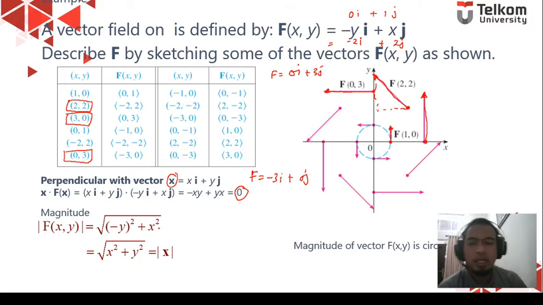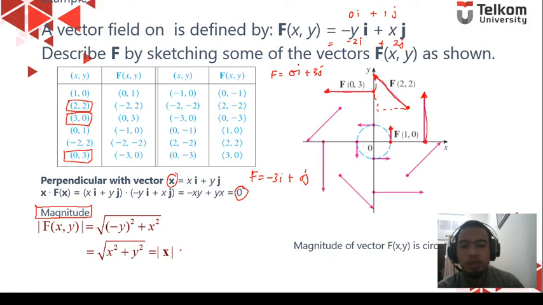So this is the perpendicular. It means that the magnitude, we can see in here, the magnitude should be equal to the square root of minus y square plus x square, so this is x square plus y square.